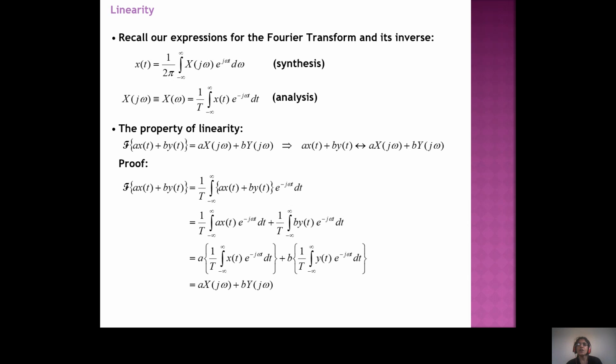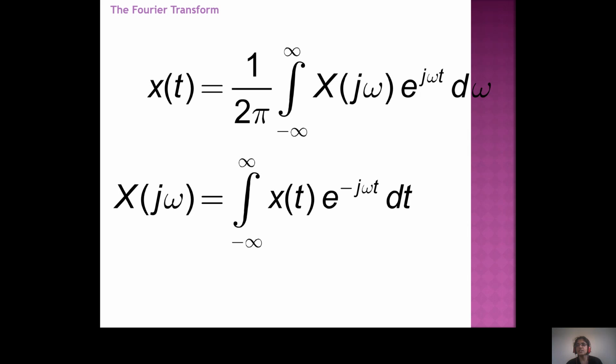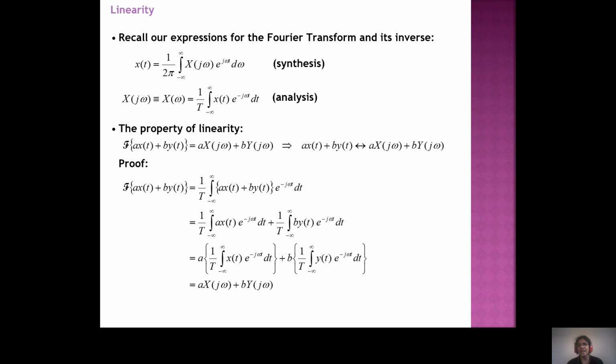These are the main formulas of the Fourier transform, and there are some properties of the Fourier transform. We have to go through them one by one. First one is called linearity. Generally we all know the expressions of the Fourier transform and its inverse.